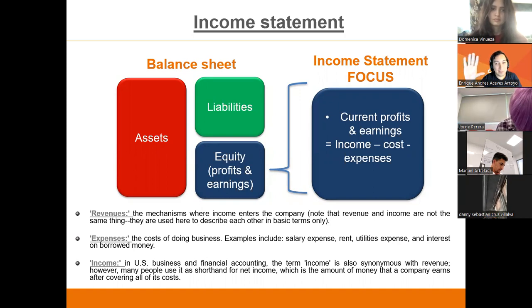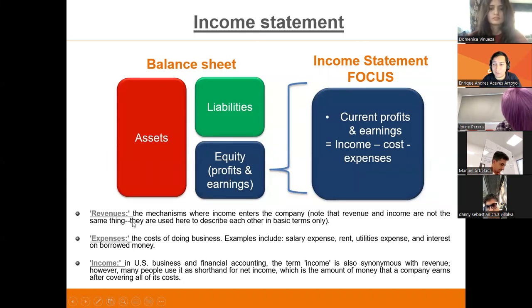It's a detailed view of your profits and earnings because the investors want to see how much they collected by operating the company and how the management spent that income. That's why we provide a full view of that account.